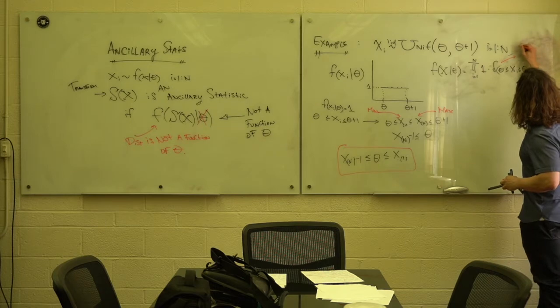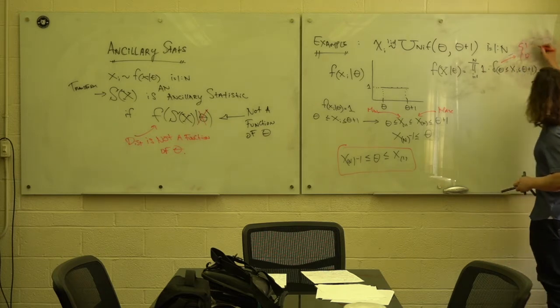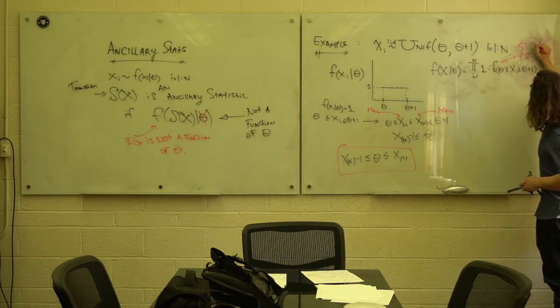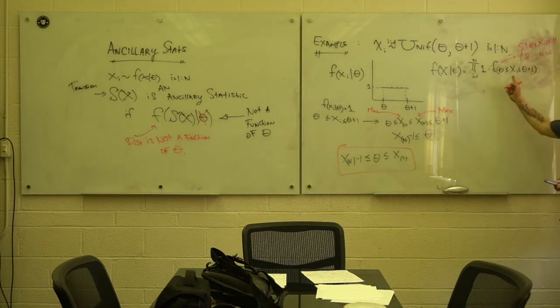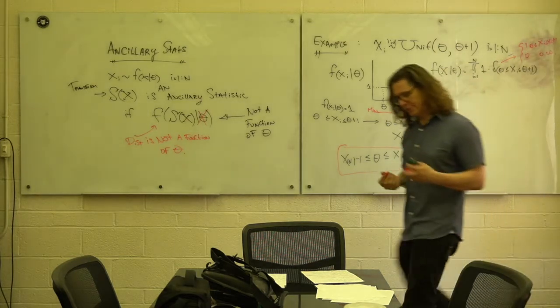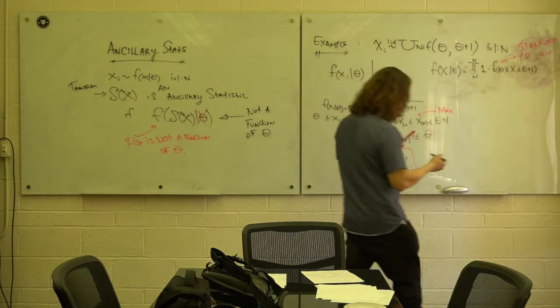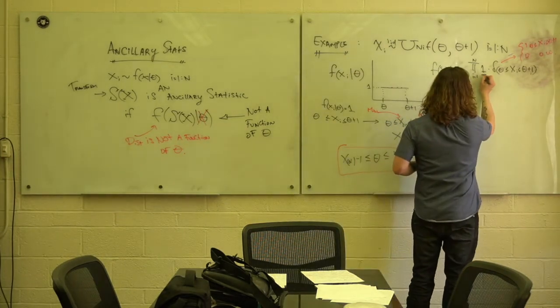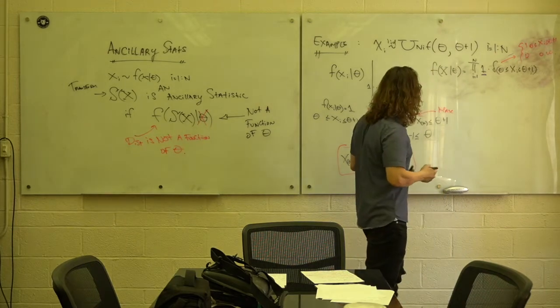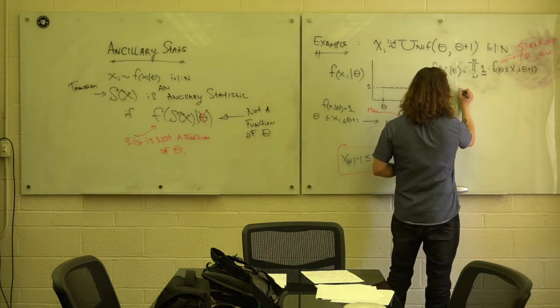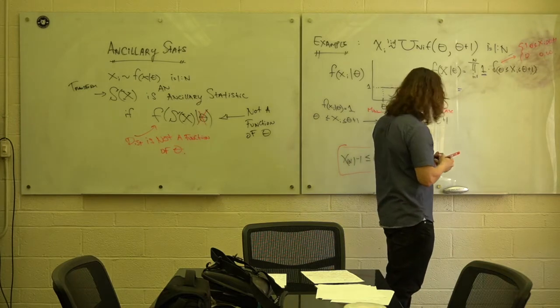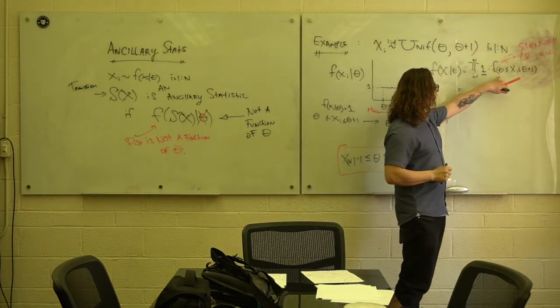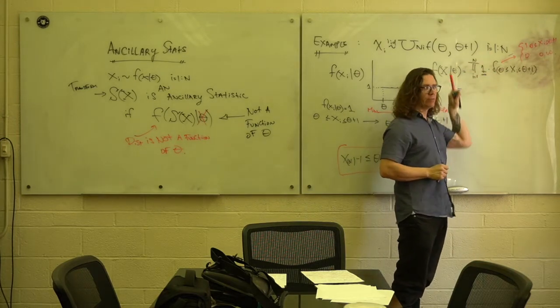This is going to be a 1 or a 0, and this is 1 if xi is between theta and theta plus 1, and this is a 0 otherwise. So it's a 1 if the argument is true, it's a 0 otherwise. So this part isn't really helping me with anything. So I can rewrite this using our other form. So this is going to be a 1, this whole function.